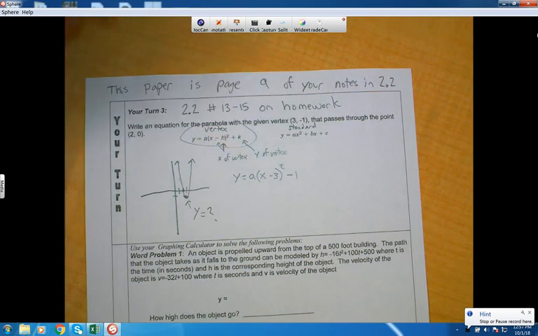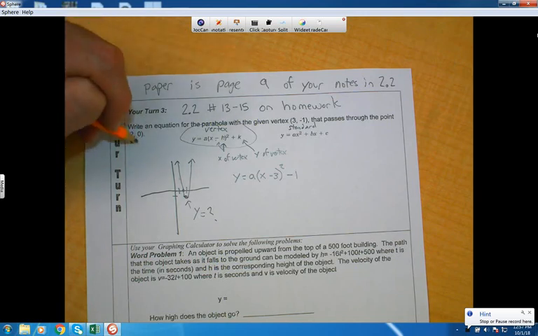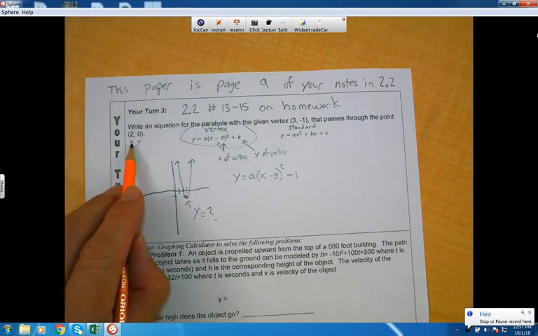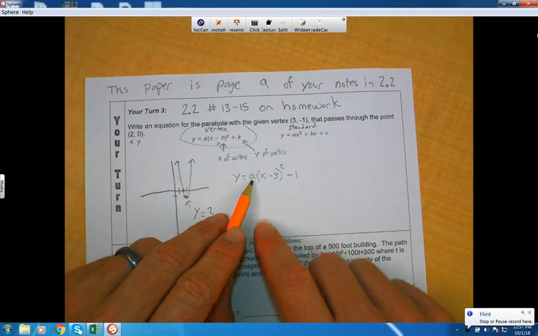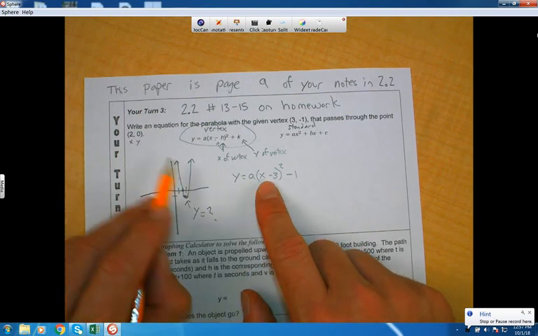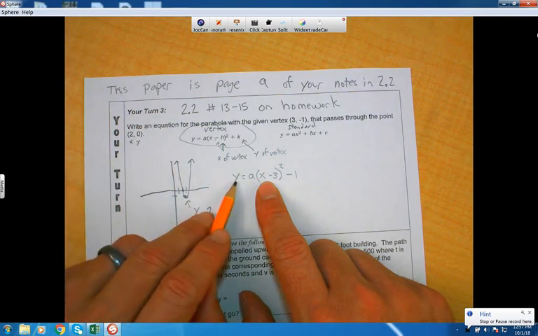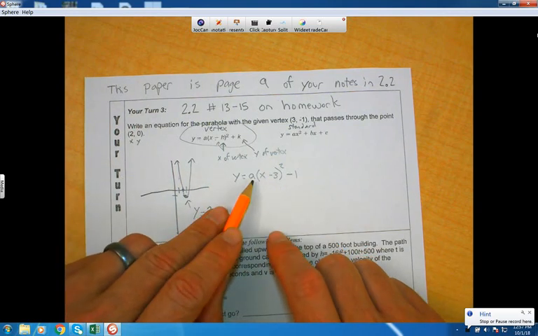Instead of giving us a, they gave us this random point here, 2, comma, 0. And I'd like to point out that every coordinate is some x value and some y value. And that's important to note because we don't know what a is, but we do know another random x value is 2. And we do know that another random y value is 0.